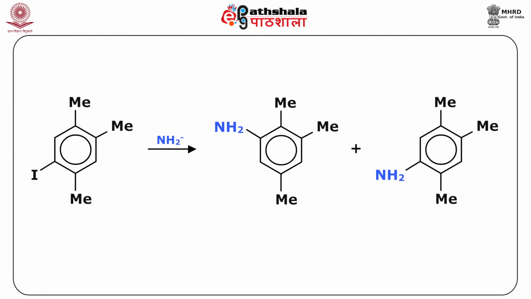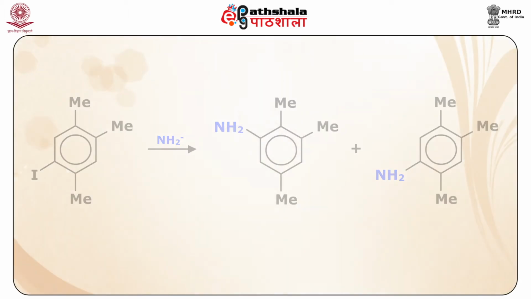By that time benzyne mechanisms were known, and based on ipso substitution, strong base and relatively less reactive substrate, this reaction was expected to go by the benzyne mechanism. However, the benzyne mechanism would have led to product formation in equal ratio, that is 1:1. But this is not the case here, as the product ratio is 0.63:1. You can see this reaction here, which we have drawn for you.